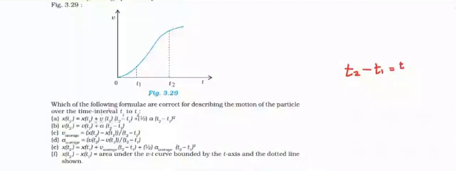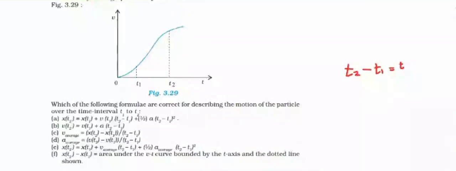Then v(t1), the initial velocity u, plus half at square. So what is that formula? That formula is actually x is equal to x naught plus ut plus half at square. In simple terms, that formula is s equal to ut plus half at square.